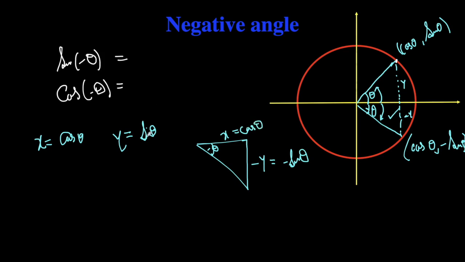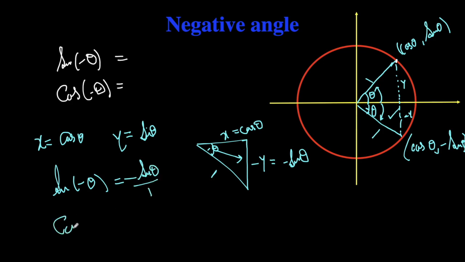Okay, now let's write what is sine of minus theta. Sine of minus theta will always be equal to opposite over hypotenuse, which is this one, and this was a unit circle, so the hypotenuse is 1. So can I write minus sine theta over 1?